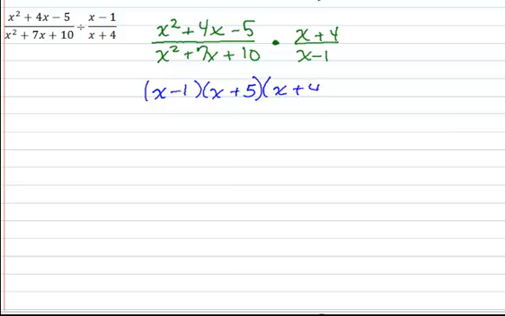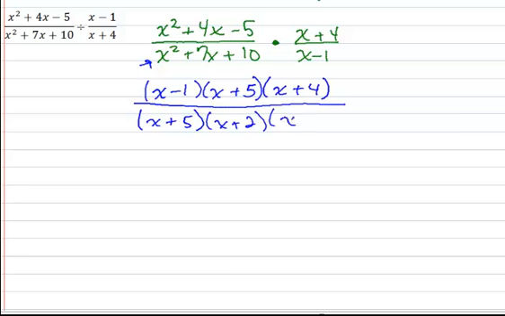X plus 4, we can't factor any further, so we just bring it with. So now we're focused on this. Everything's in factored form, so we look for anything that's the same, top and bottom. X minus 1, X plus 5. Most simplified form is whatever is left over, and you're done. So you want to go ahead and practice the heck out of this.